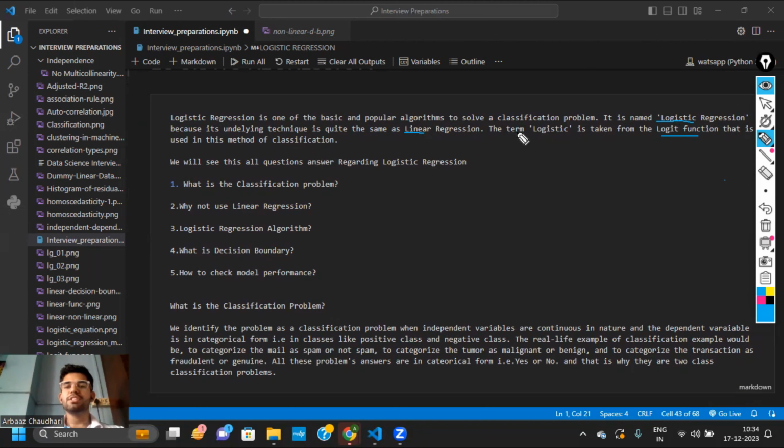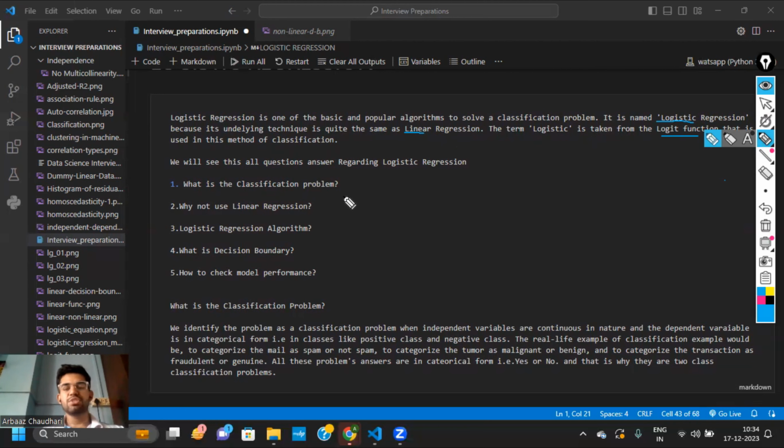The working will be the same as the regression model, but only the logistic function is used. So this was a little bit of intro, and let's now deep dive into what a classification problem is, and let's understand it by an example.